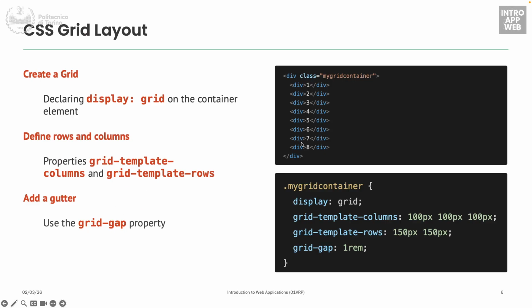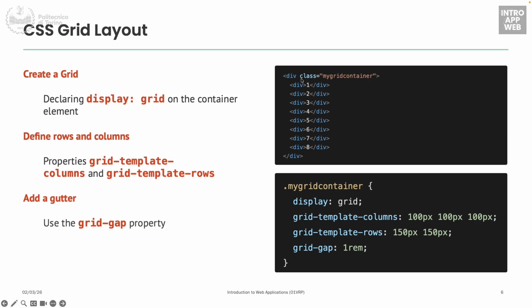Okay, let's try to understand this from the code, and next time we will do the example so we don't lose so much time writing the code. So to create a grid, at this point you can explain to me what is happening here. In this case, which one is the grid? We have a parent container that has 10 small containers, or 10 elements, within.